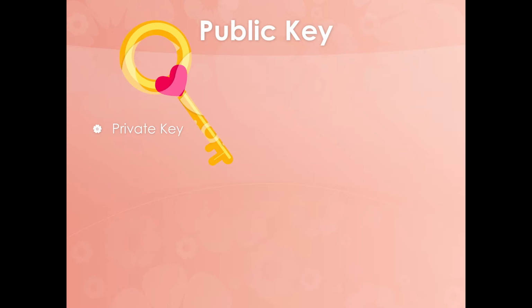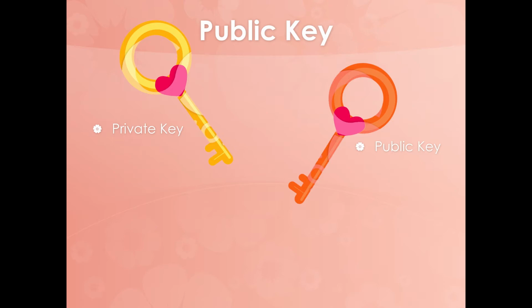Public key encryption is that besides the key used before, there is another key added for use. So now two keys are being used, one private key and one public key.